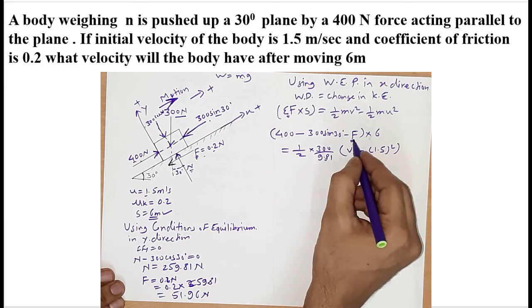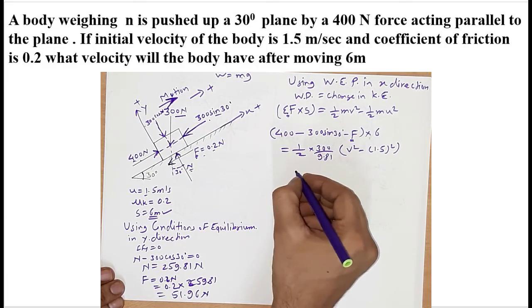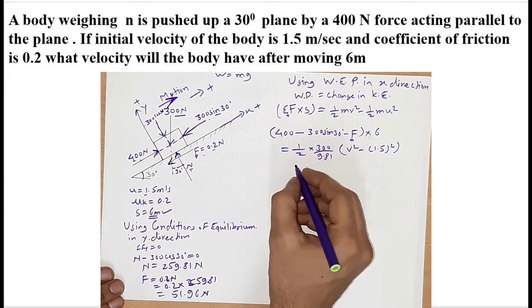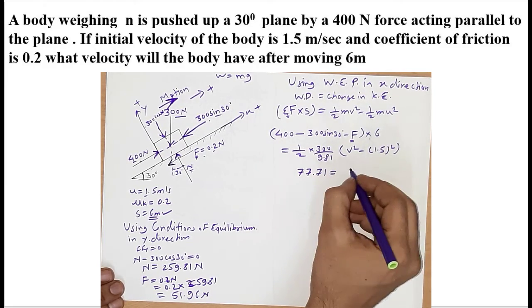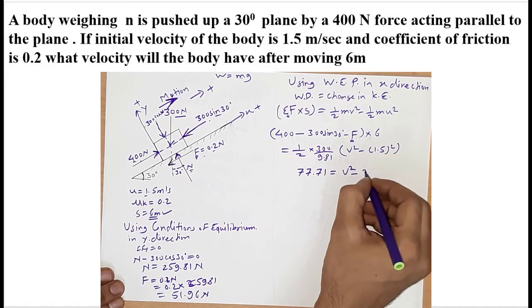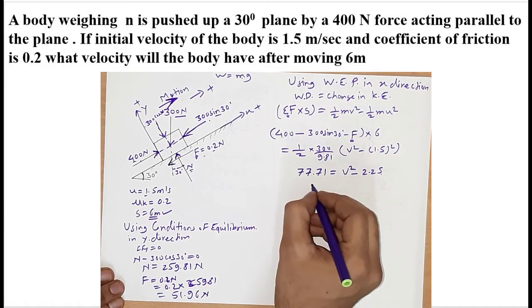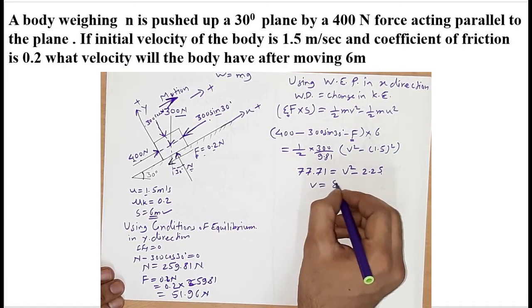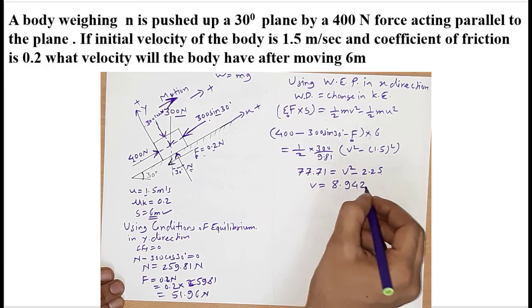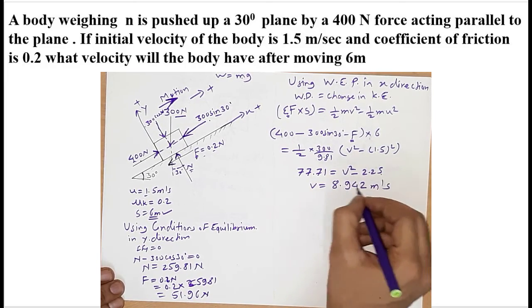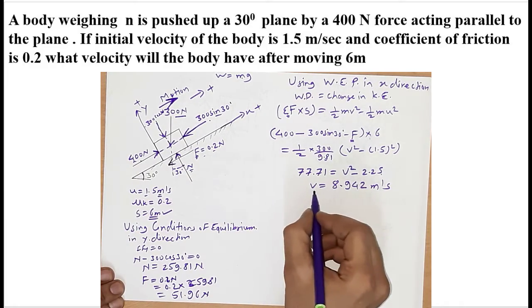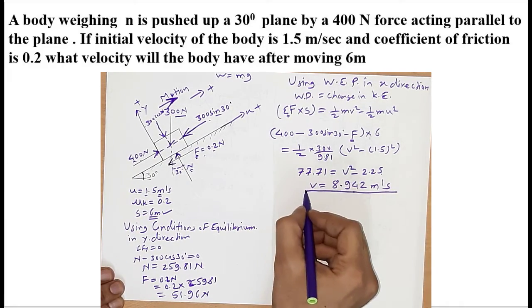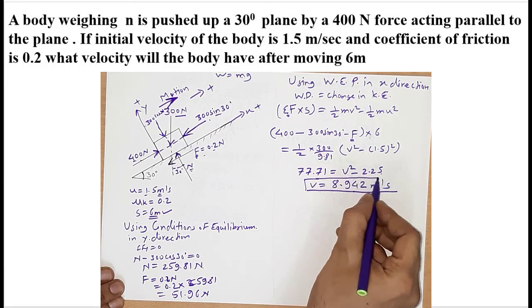Putting in that value and doing the calculations, we get 77.71 equals v square minus 2.25, and solving this we get v equal to 8.942 meter per second. Whatever unit the velocity was given in, the same unit applies here. So this will be the final answer.